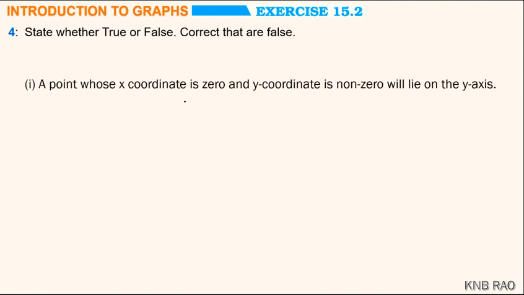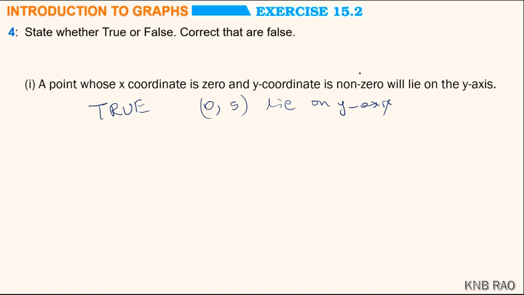A point whose x coordinate is 0 and y coordinate is non-zero, that means x coordinate is 0, y coordinate is some number, let us say 5, will lie on y axis. Is it true? Yes, it is absolutely true. So if x coordinate is 0, then definitely it lies on y axis.